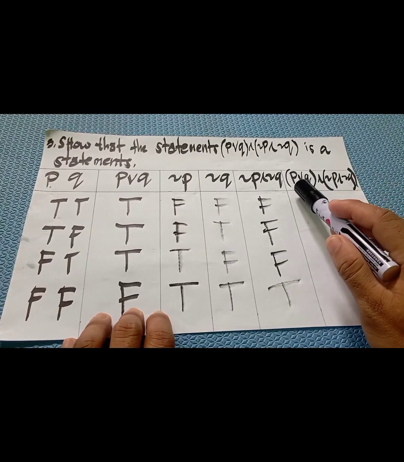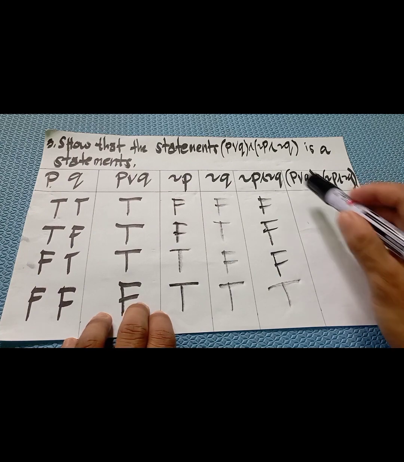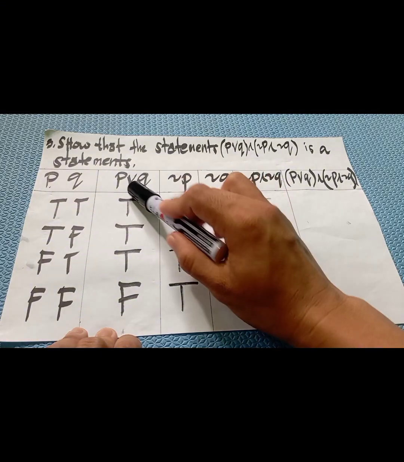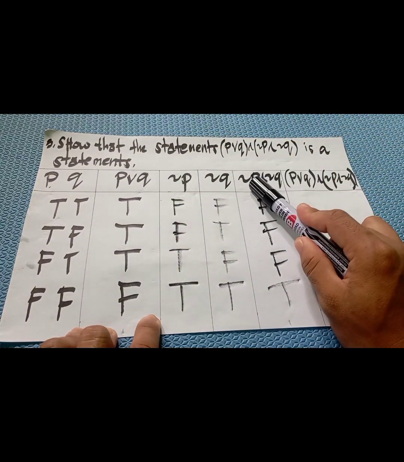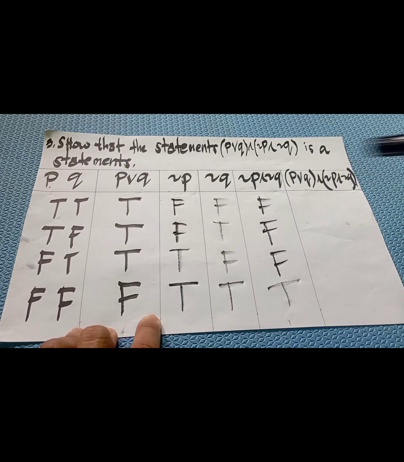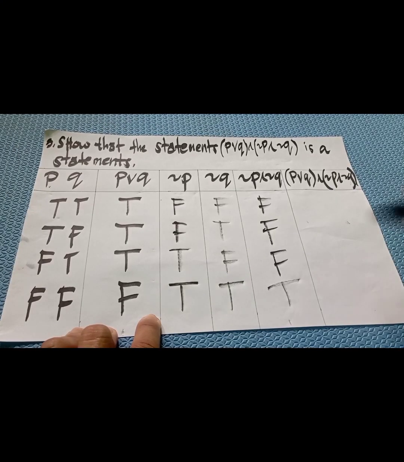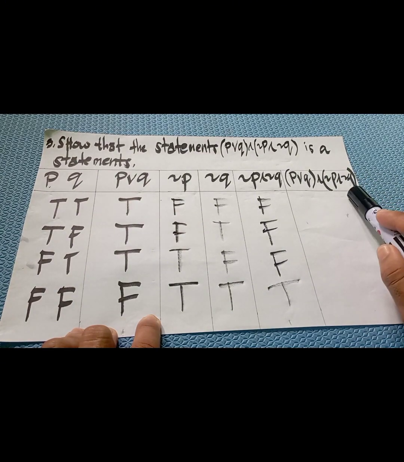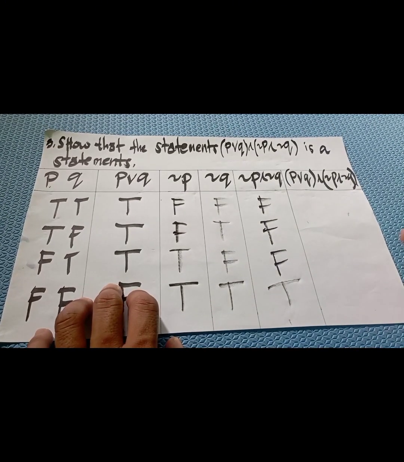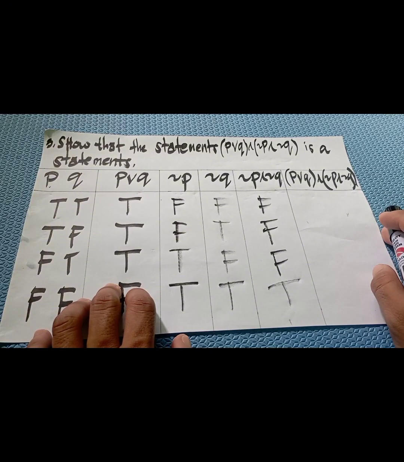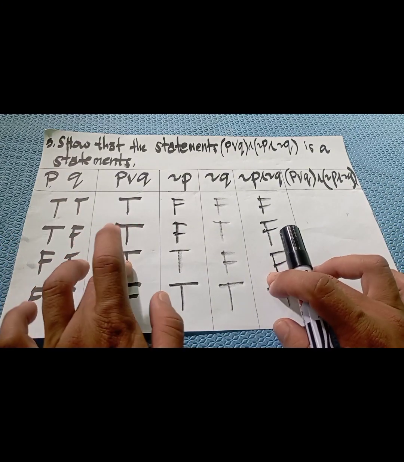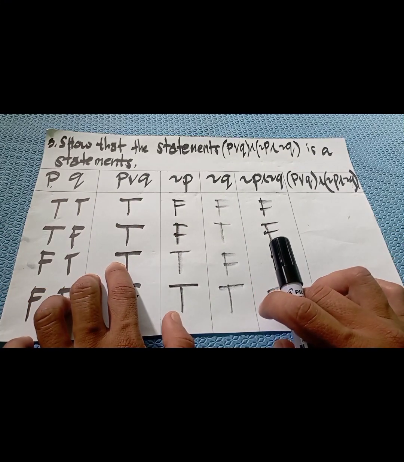Now we have to take the entire statement, in which we focus on the P or Q statement and the not P and not Q statement, in order to get P or Q and not P and not Q. Remember, in any conjunction statement, we need two trues in both statements to become true.